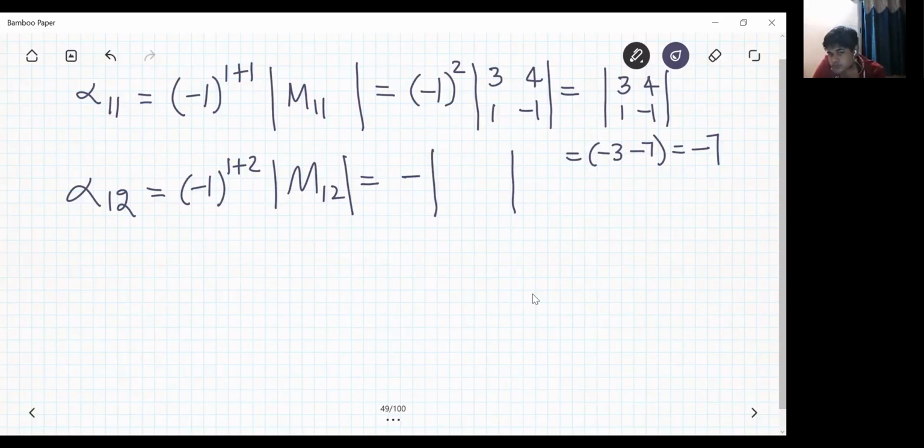M12 is 0 4, minus 1 minus 1. So there is a minus outside. Then 0 into minus 1 is 0. Minus 1 into 4 is minus 4, which becomes plus 4.